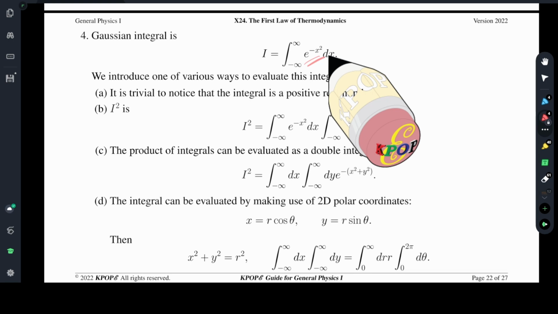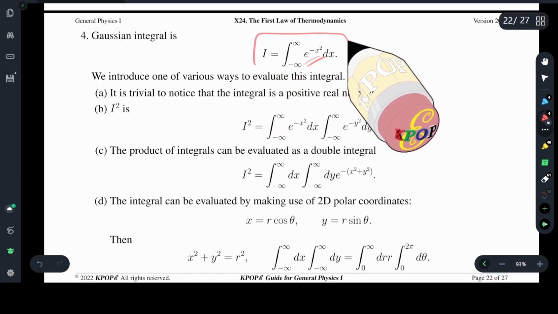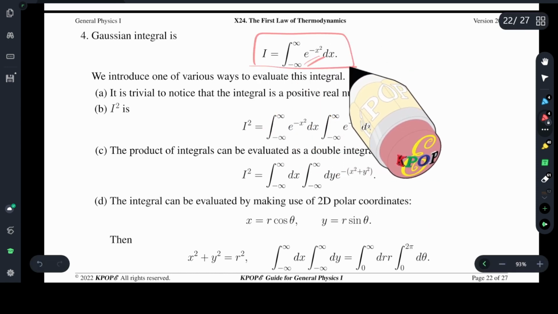The normal distribution is actually a Gaussian distribution with a normalization adjustment. So basically, this is an exponential minus x squared style function. It is very important to know the normalization of such a distribution, so it is good to know how to evaluate this integral.